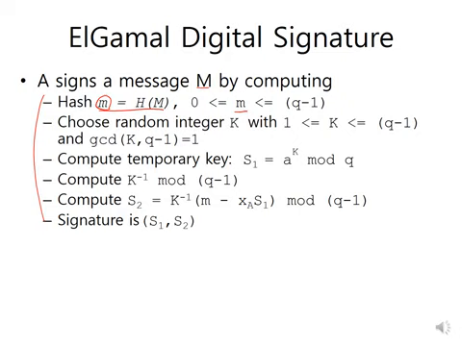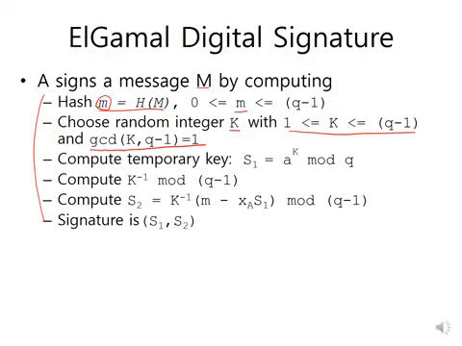And then the user A chooses a random integer K with the assumption that K should be between 1 and Q-1, and K and Q-1 should be relatively prime.